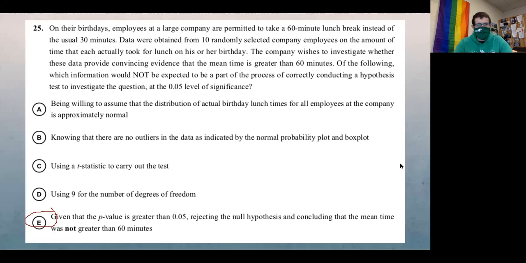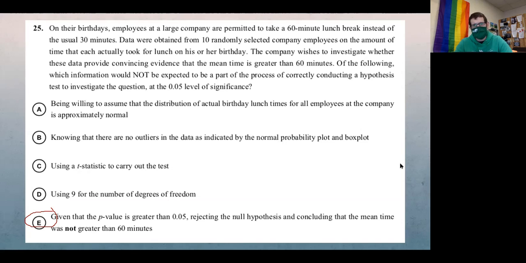And what you do have to assume is that the distribution of birthdays is normal. And we have to assume that because one of the assumptions in doing a hypothesis test is that the distribution is normal. And if we don't have more than 30 in our sample size, then we need to assume that the population is normally distributed.